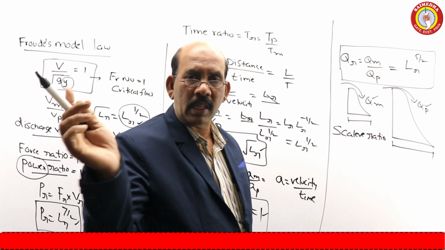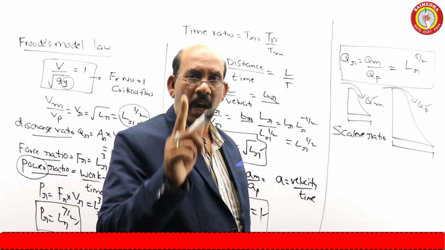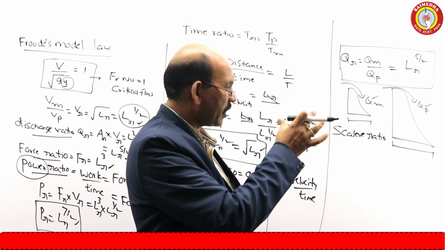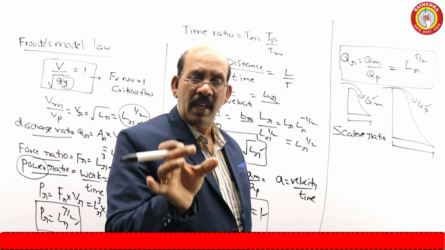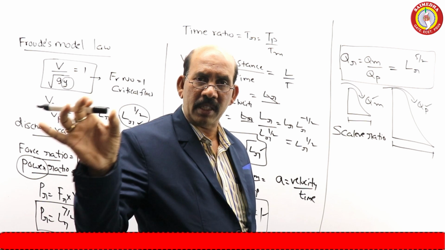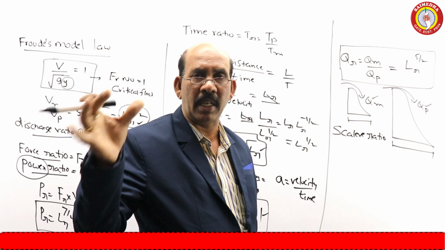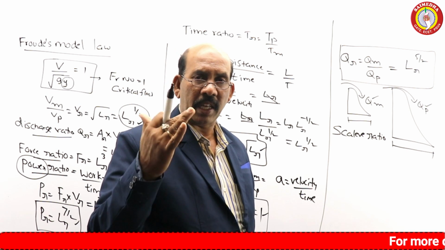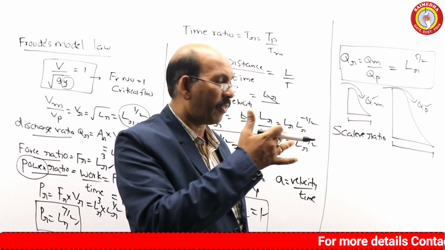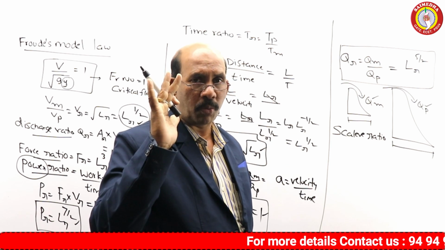So now all these ratios are only a function of the scale ratio. Once you define the scale ratio, that means if the dimension in the model is 10 times or 100 times the dimension in the prototype, that is what the scale ratio is, the ratio of the two dimensions with reference to this Froude's model law.